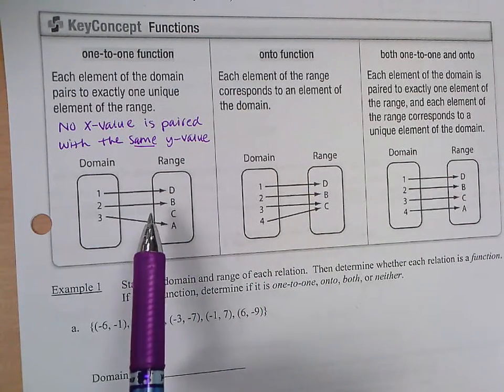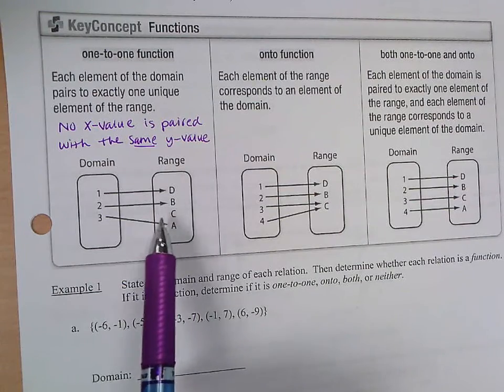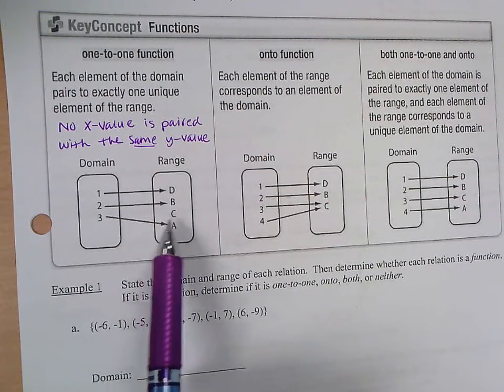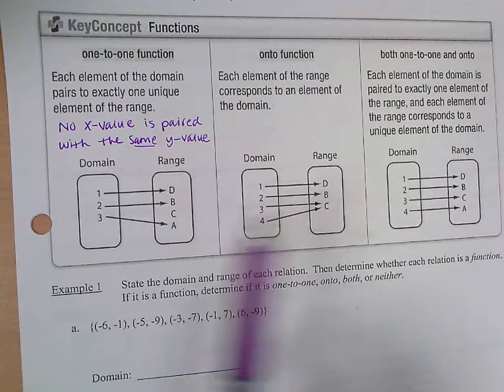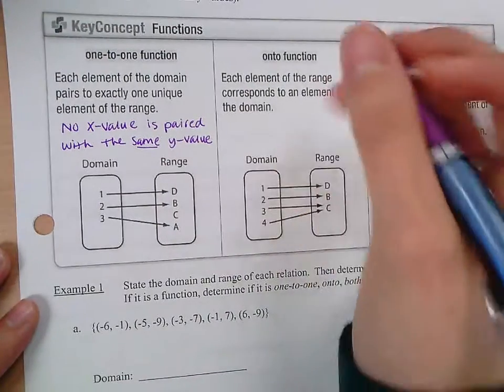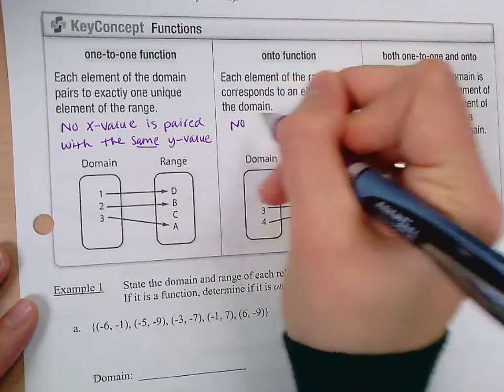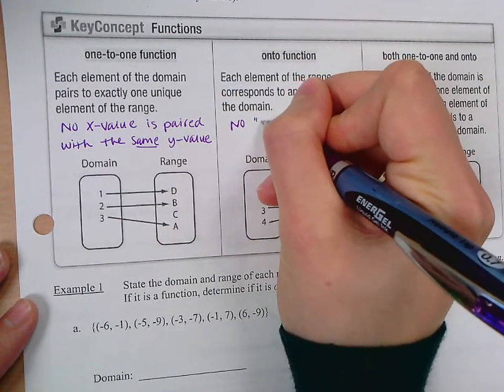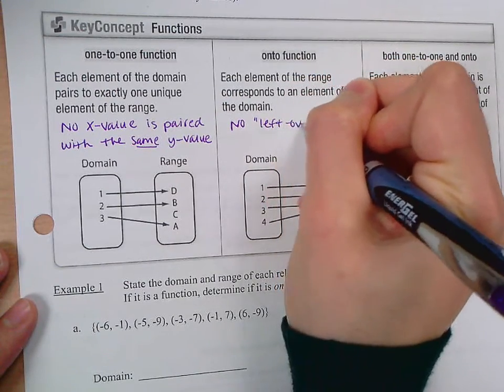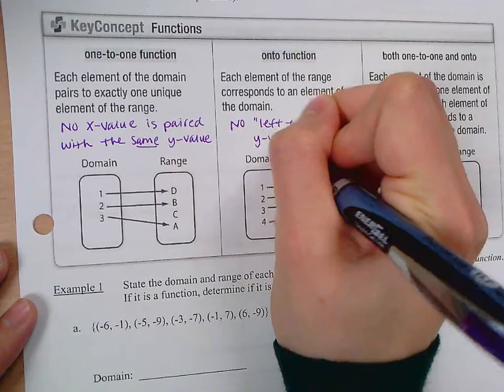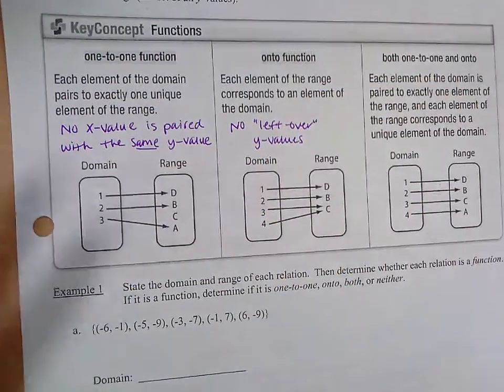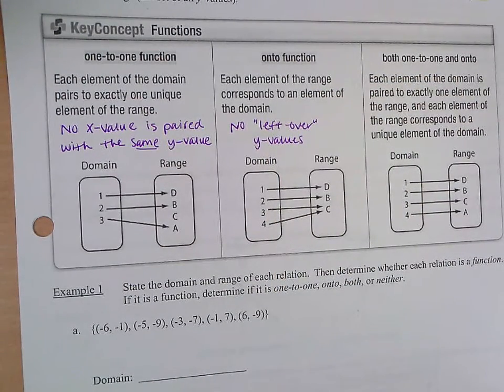Unlike this one over here, this range value of C isn't paired with anything. So onto, if you want to make a note, this really means there's no, I'll call it like leftover y values. No y values that are not used or not paired with anything.